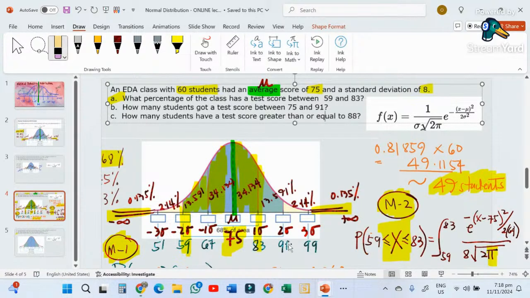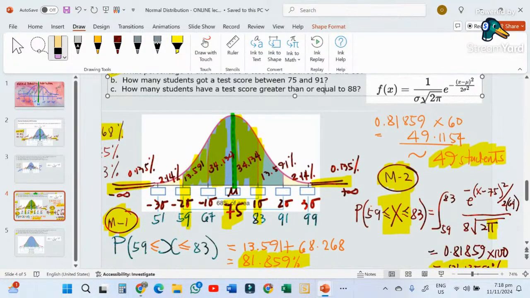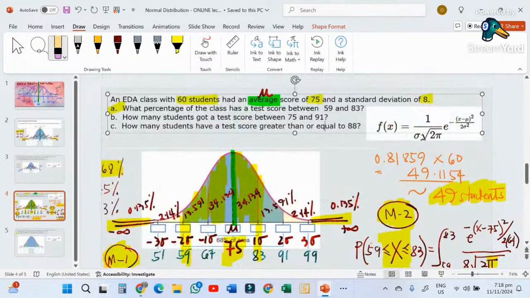From 75 to 91 is very evident. So you can just do 34.134, 30.591, and that's it. And then your range, when you're going to do the formula, it will be 75 to 91. That will be your lower limit, up to 91, your upper limit.